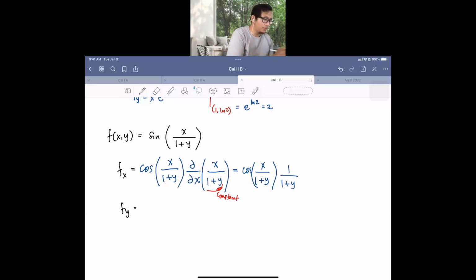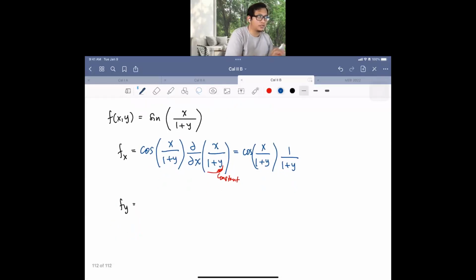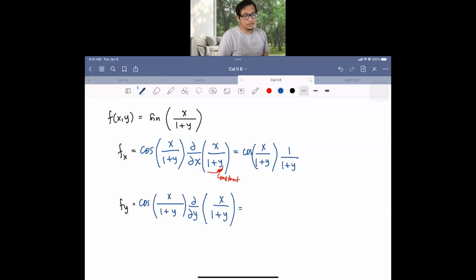Now partial y, we treat x as a constant, but the very first step is still the same. The difference is the next step. So x is constant, still x.